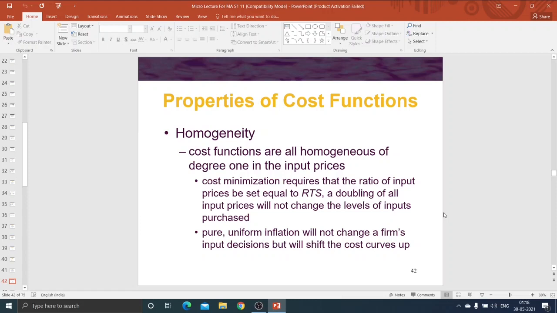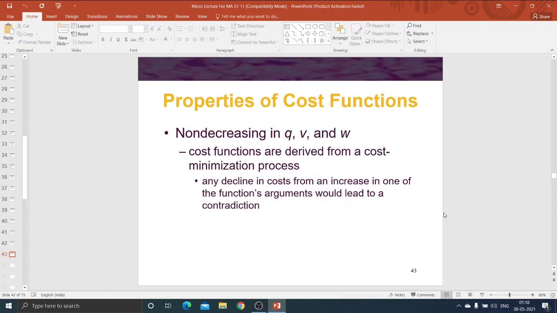Then we also have to look into the other property: cost is non-decreasing in Q, V and W. Cost functions are derived from a cost minimization process, so any decline in cost from an increase in one of the function's arguments would lead to a contradiction in that context.